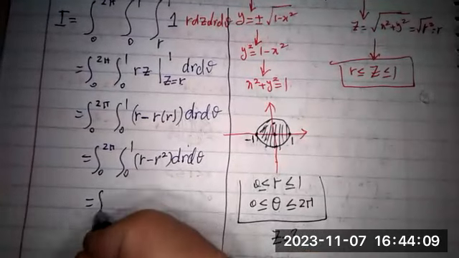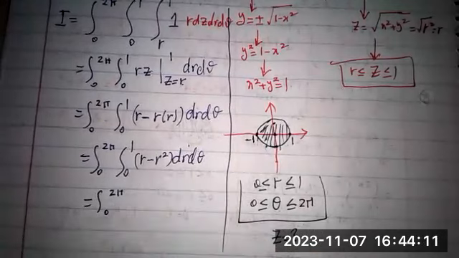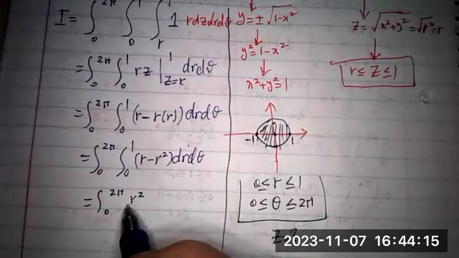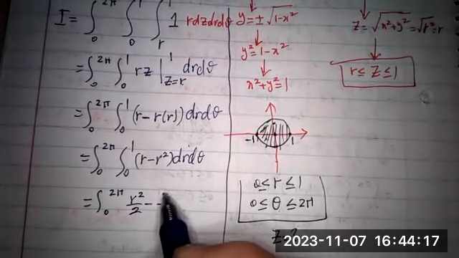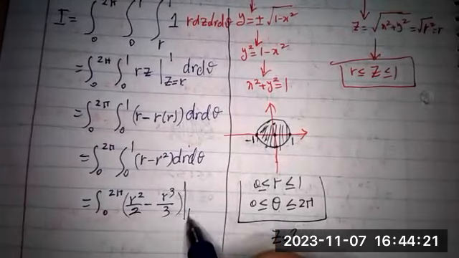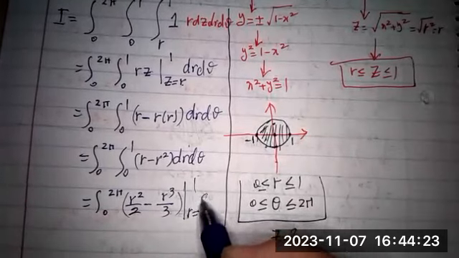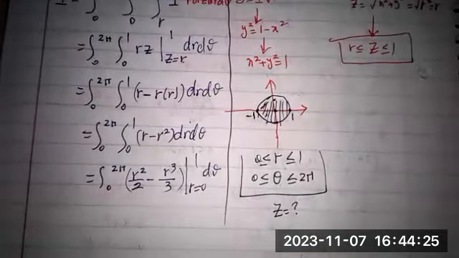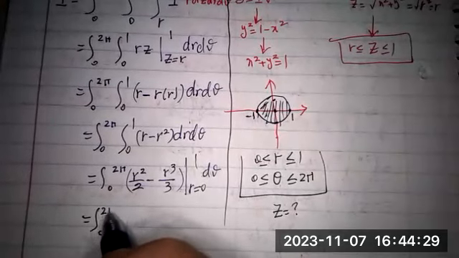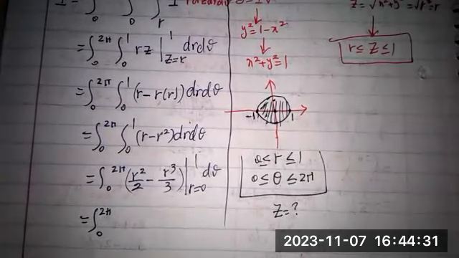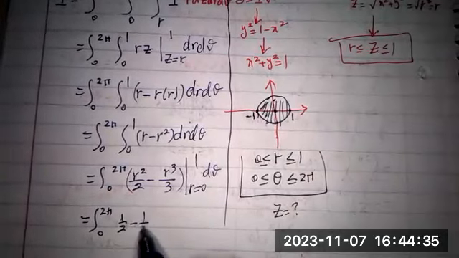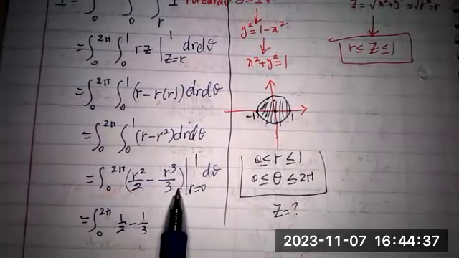Integrate, easy integral to find. So it's going to be 0 to 2 pi, integral with respect to the r. The first one would be r squared over 2. The second one would be r cubed over 3, evaluated from r equal to 0 to 1, and then d theta. If you substitute 1, that gives you 1/2 minus 1/3.